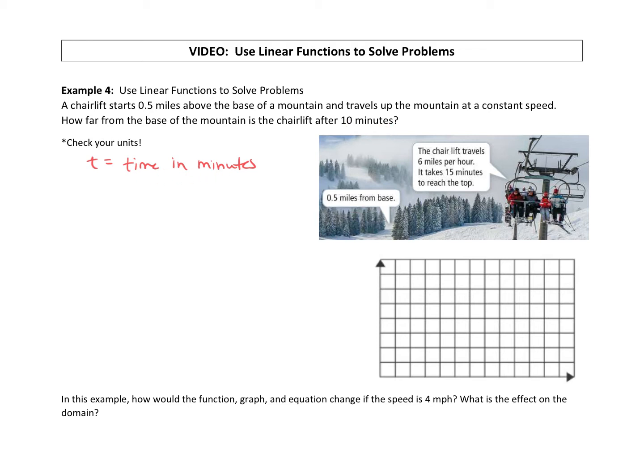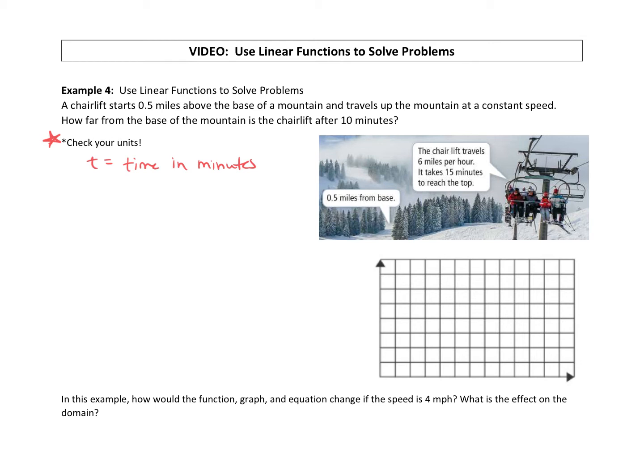We do have this nice little thing here. It says check your units. That's going to come into play right now. The speed of the chairlift is in miles per hour. So we want to convert the speed to miles per minute.